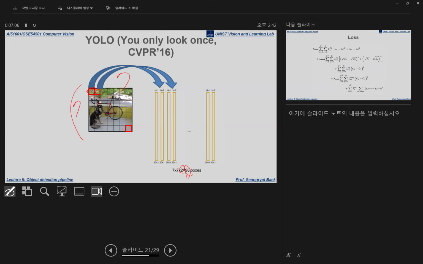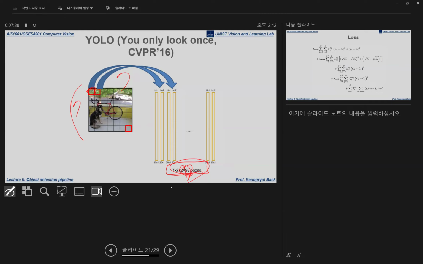So there are 98 boxes estimated in the default YOLO version 1 algorithm. But the number of bounding boxes in YOLO version 1 is quite small. So if in one image there are more than 98 objects inside, then YOLO struggles to capture those additional objects.